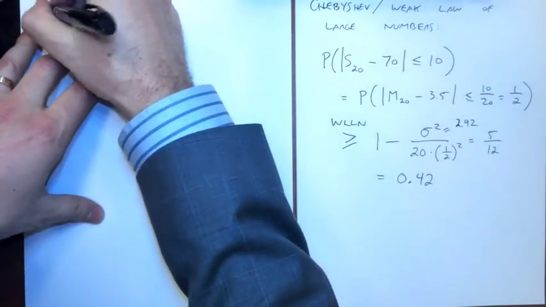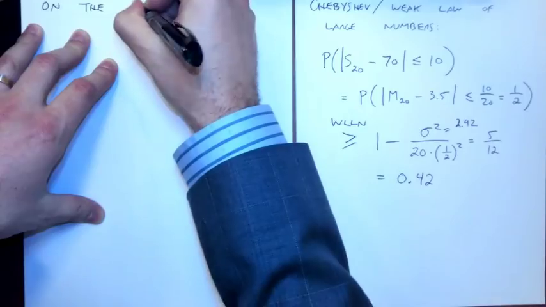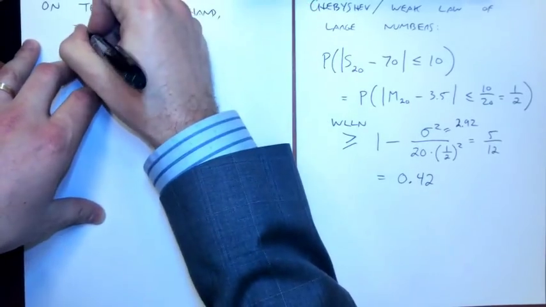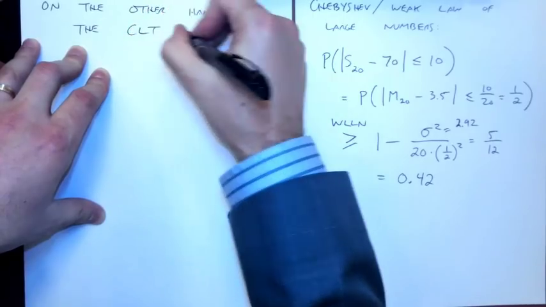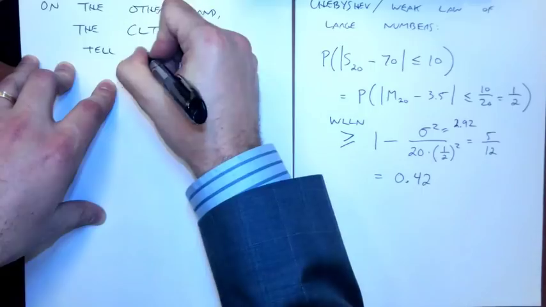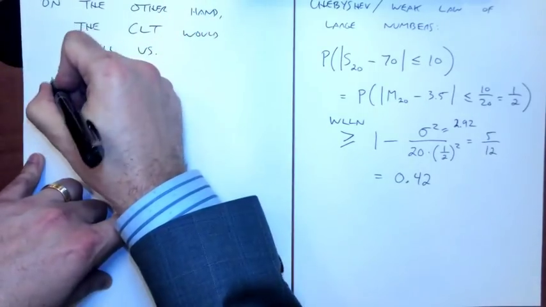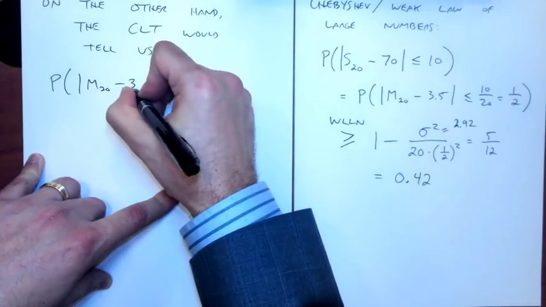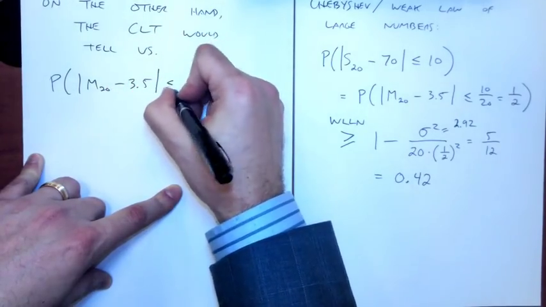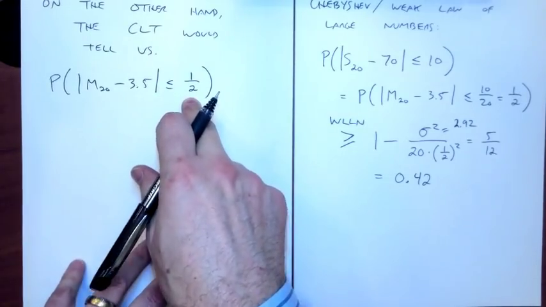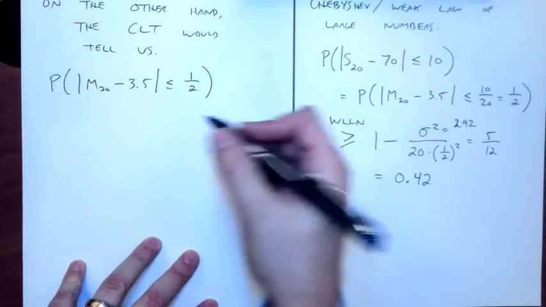So on the other hand, the central limit theorem would tell us, same setup, right? The probability that I am within 0.5 of the mean, right?